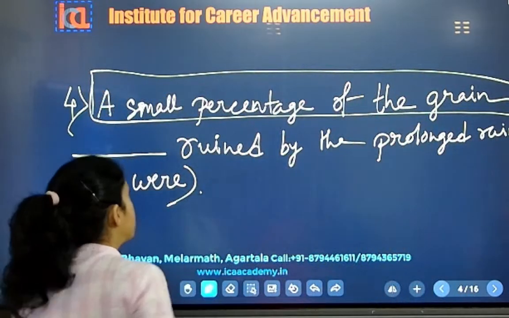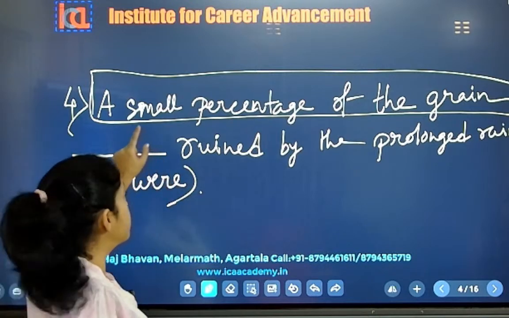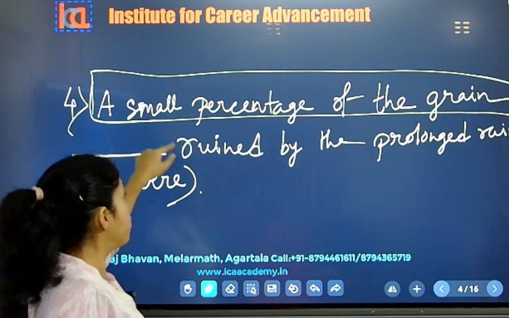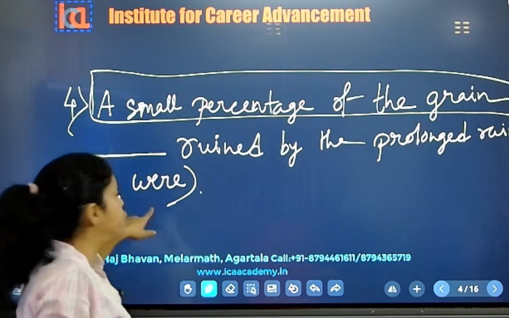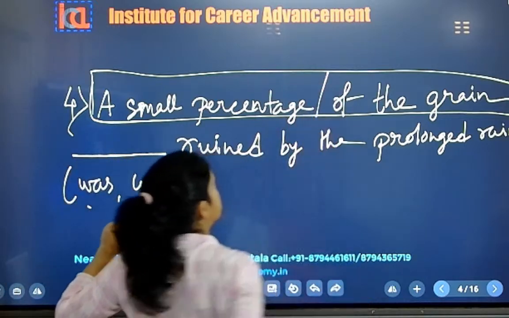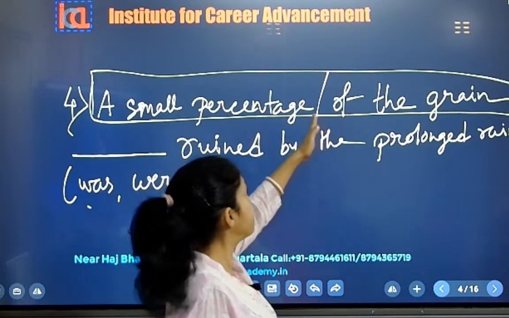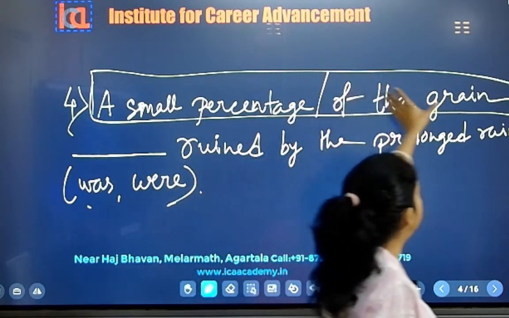But mainly, the subject part, the portion I shall follow to choose the verb, will be a small percentage only. Because whenever a preposition is there, the part with the preposition will be the phrase.